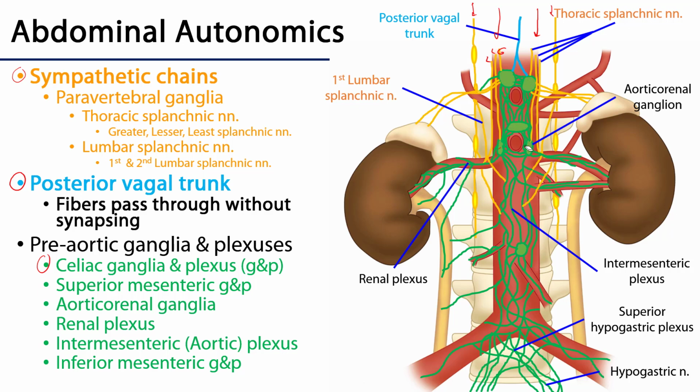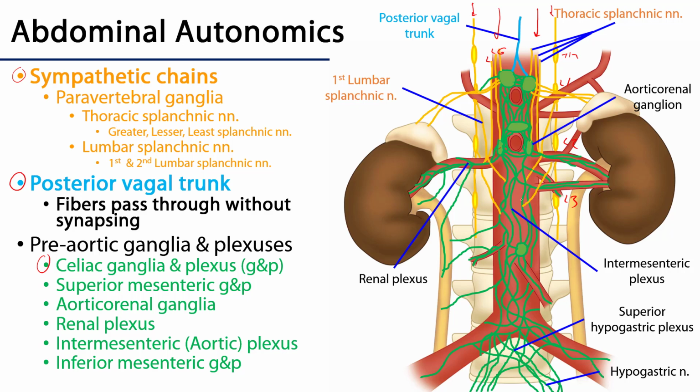You'll notice that there are also, as we descend down in the chain, going to be lumbar ganglia. So this would be probably a T12. This would be an L1, an L2, and an L3, and so on and so forth.